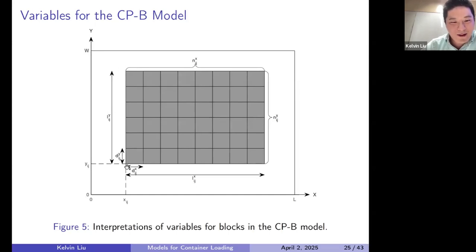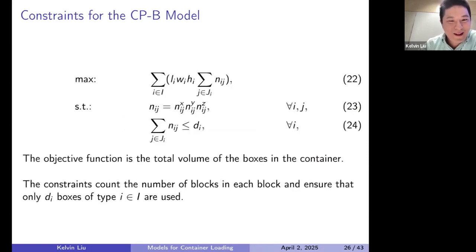Lx and ly are the dimensions of the whole block, so they go the whole way. Then nx and ny count the number of boxes you have in each direction. In this case, nx would be 8 and ny would be 6. The total number of boxes, ignoring the third dimension, would be 8 times 6, which is 48. So that's n. Nij would be 48 in this case.